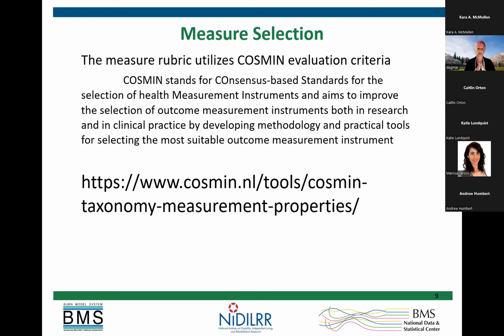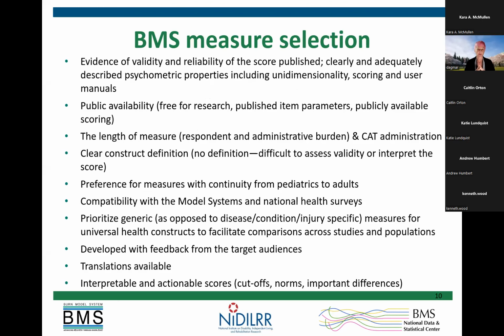They provide a lot of different tools for evaluating measures, but really there's no two ways about it. The process is pretty long, requires a lot of research, because the information you need to evaluate a measure isn't always available in one place. So it requires a lot of reading, a lot of research, and putting it all together and weighing different types of criteria.